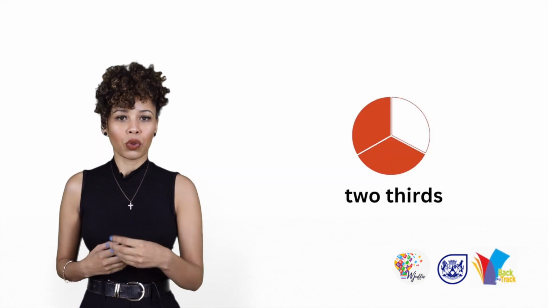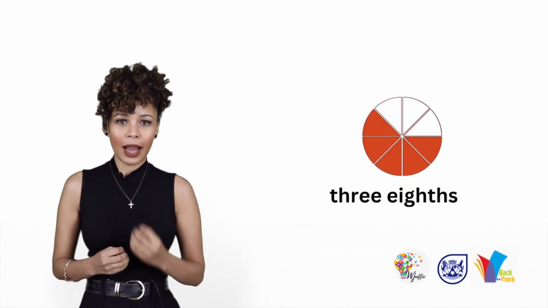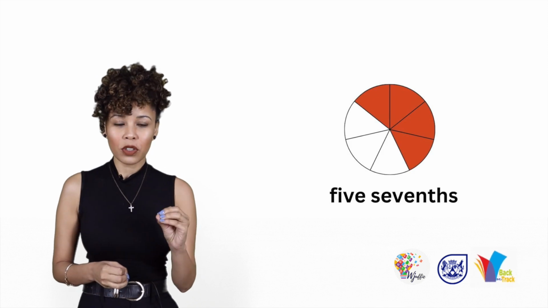So, the learner could also look at 2/3 or 3/5 or 3/8 or 5/7, for example. So, how many and how many equal parts the whole was cut into. It does link a little bit to numerator and denominator, but we are not mentioning that. We are just looking at 2 things. Equal sharing and naming the fraction based on how you have equally shared the whole.